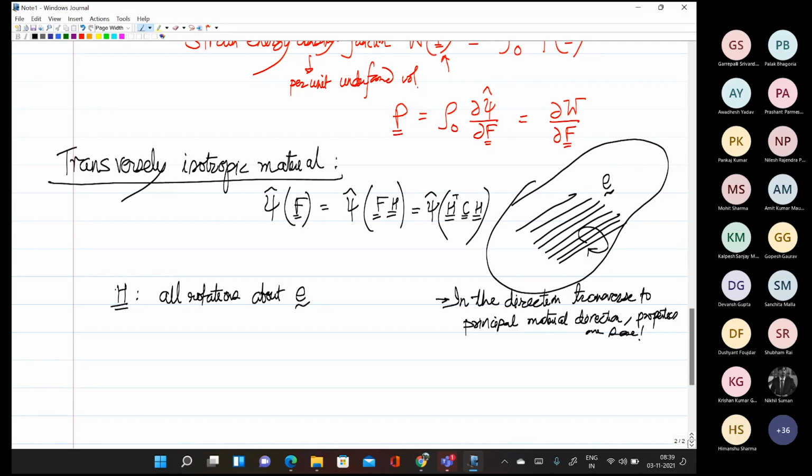And if you put only these H in here, we are looking for invariance of C under this transformation. But this H is now restricted. It's not all the rotations. It's only those rotations which are about the axis E. So can someone tell me what will be the invariance in this case?